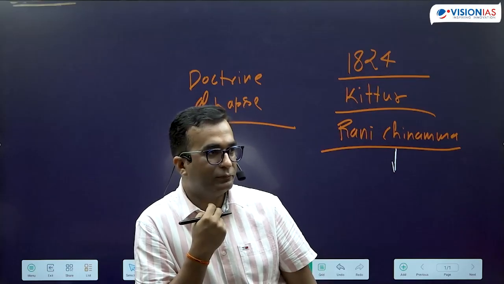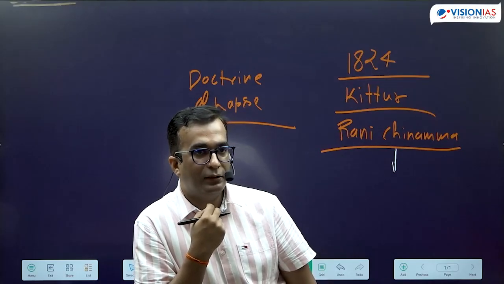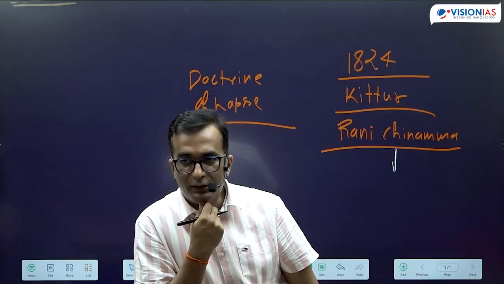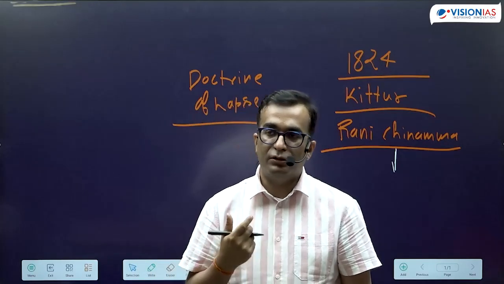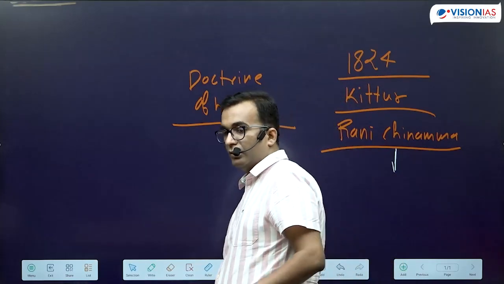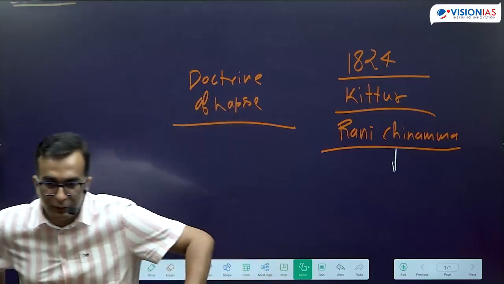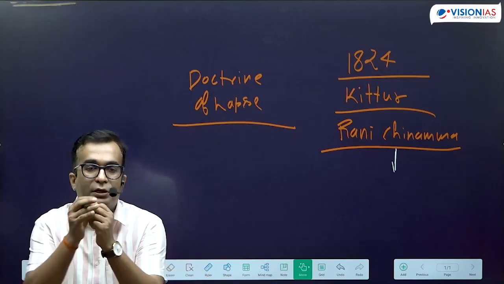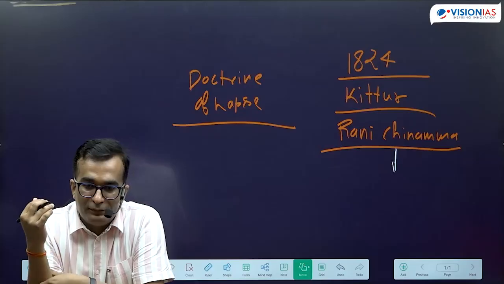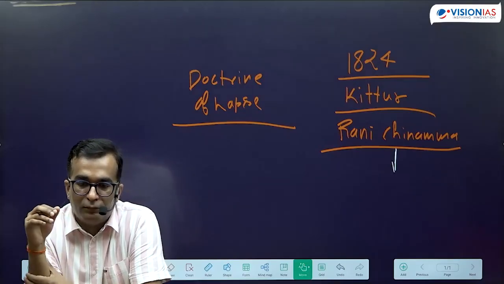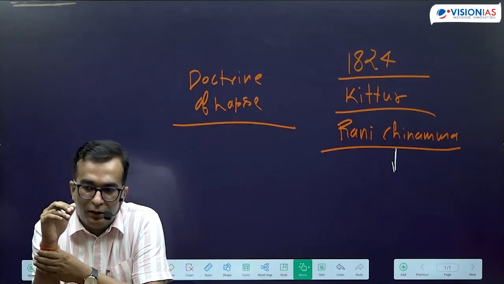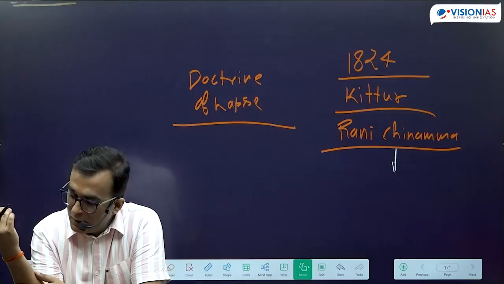He declared that it is at the discretion of the British authority to recognize or de-recognize adoptions as the successor of the throne.